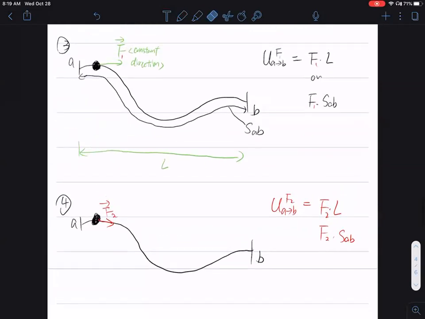the correct answer for case number 3 is the work done by that force F1 is just force F1 times the distance. Since that force has constant direction, the direction doesn't change. So the work done by that force is independent of the path. It only depends on the starting point and the end point.